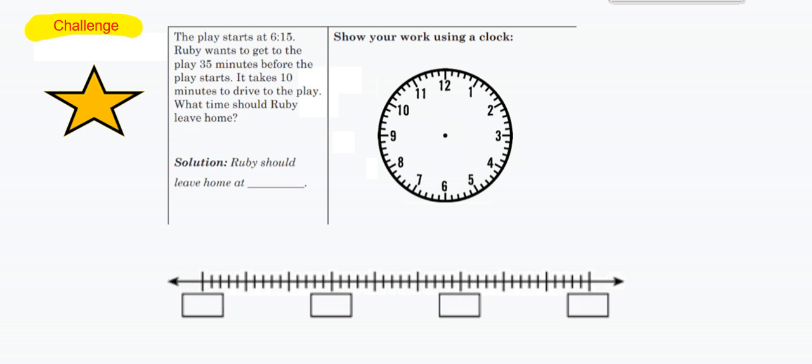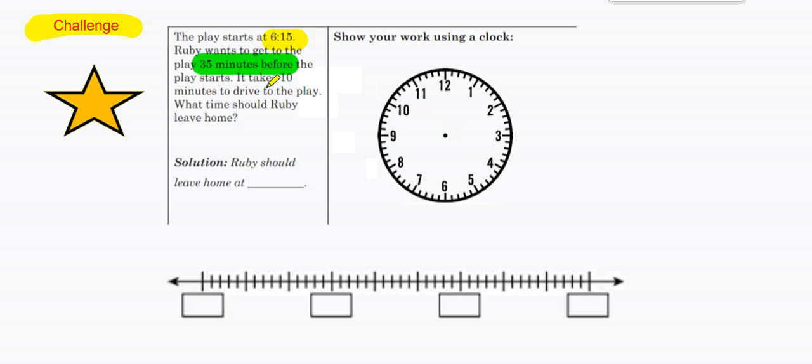It says, the play starts at 6:15. Ruby wants to get to the play 35 minutes before. She wants to get there. How many minutes before? 35 minutes.